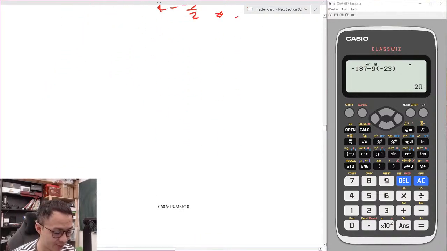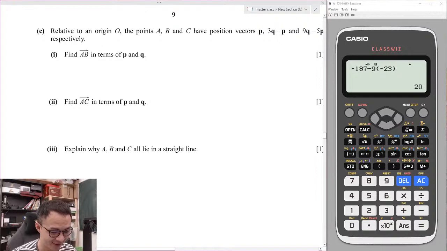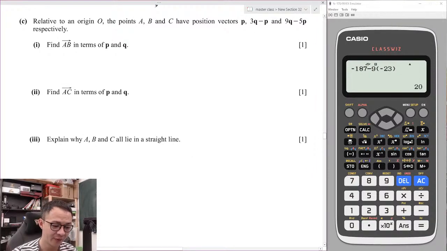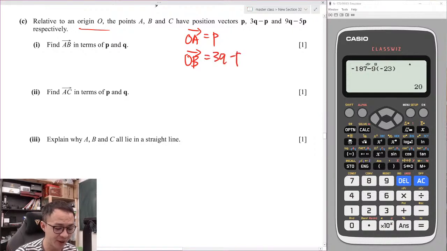Alright, so I will just move on to the next one, C. Okay. So relative to the origin O. Whenever you see position vector, that means it must start with O. So over here they tell you OA is basically P, and OB is basically 3Q minus P, and OC is basically 9Q minus 5P.